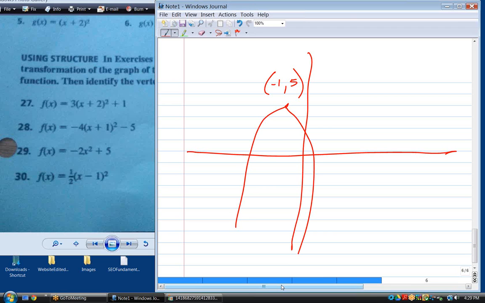So we have a reflection over the x-axis, that's number 1. What other 3 things do we have? We have a vertical stretch by 4, and a move left by 1, and then a move up by 5. Move down by 5, right? Move down by 5, then you flip it, and then it ends up moving up by 5.